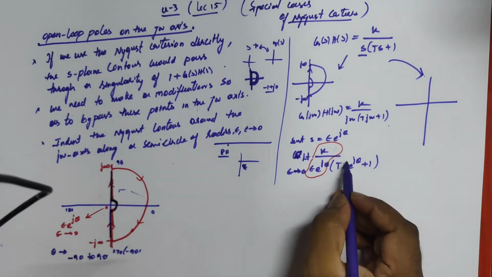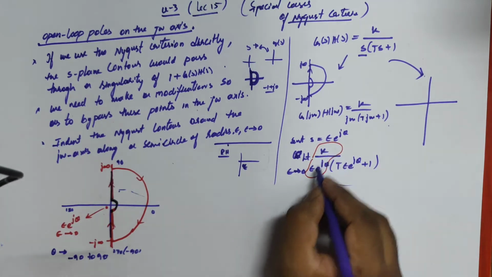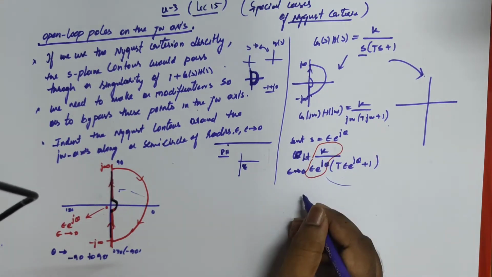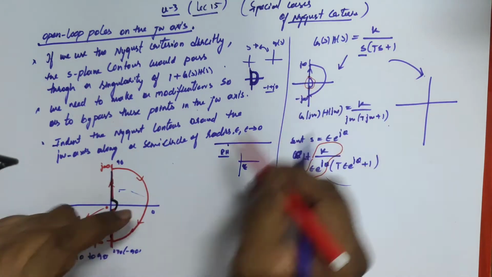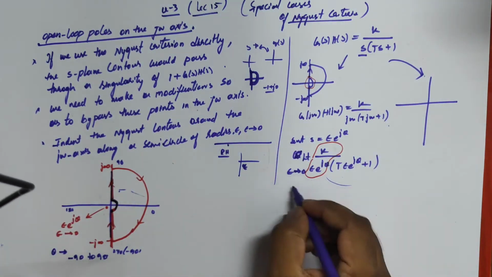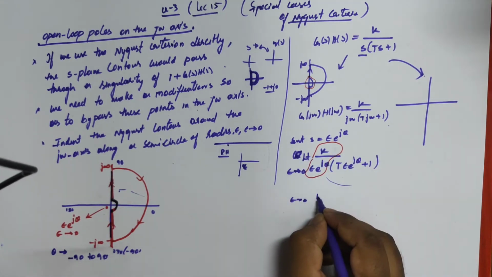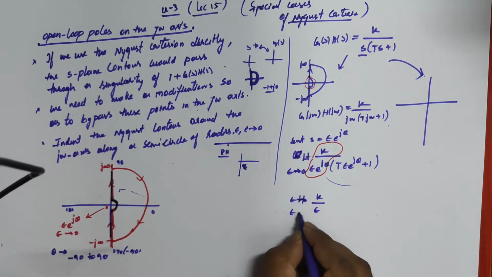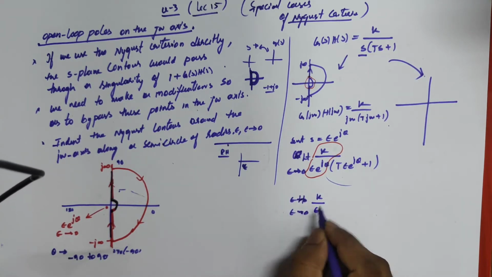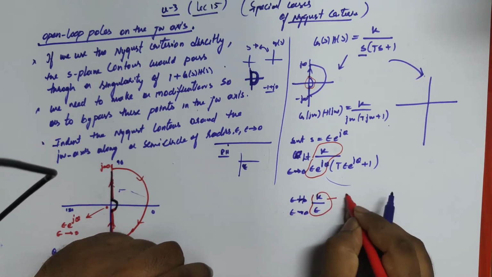Generally we plot the other sections, but we are not concentrating on them now. I'm concentrating on this semicircle only, on these s points. As epsilon tends to 0, I'm getting a finite value for this K term.